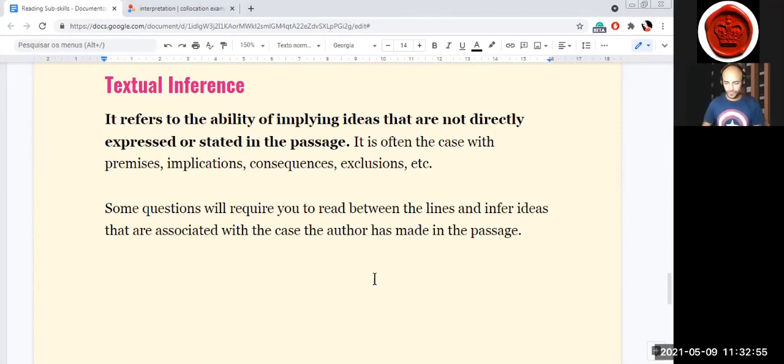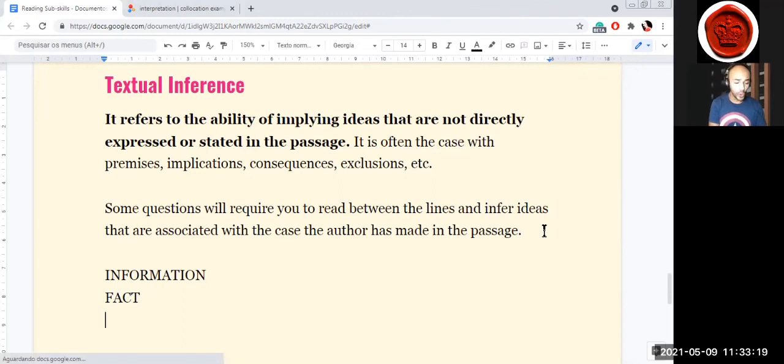So, as a matter of fact, in the IELTS reading test, we usually have two types of questions. Questions that deal with information: you have to verify information, and it doesn't actually require you to interpret the information. But some other kinds of questions will deal with facts, whether they're false or true, or opinions, whether they have been given as such or not.